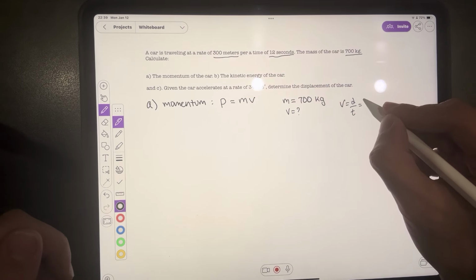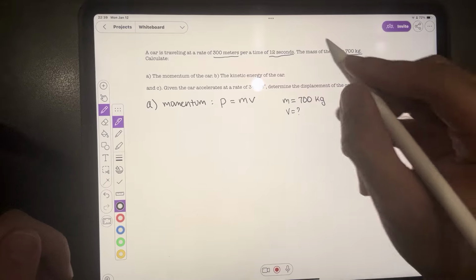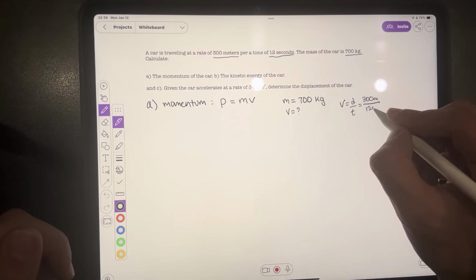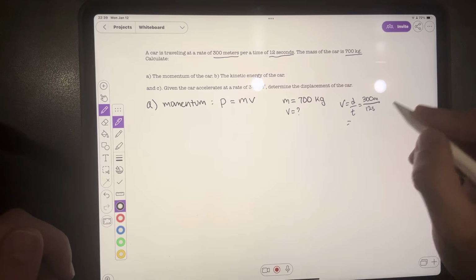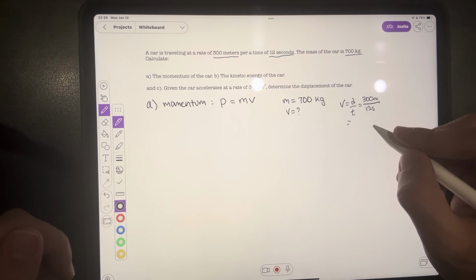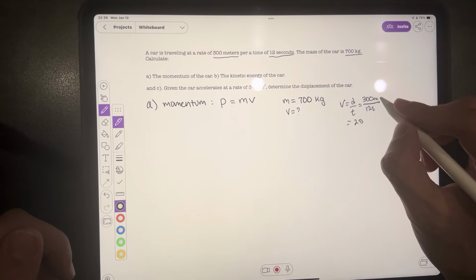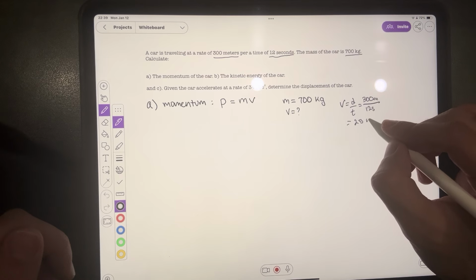We'll use that as our distance over 12 seconds. This gives us a velocity of 25. And now, don't forget the units, it's meters per second.